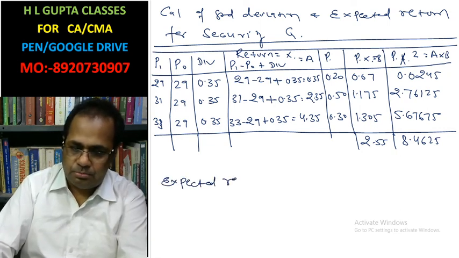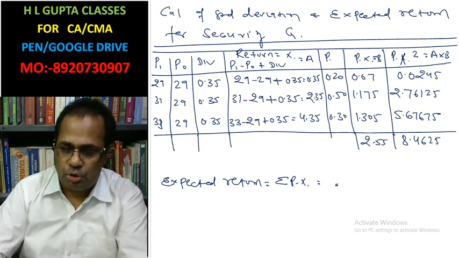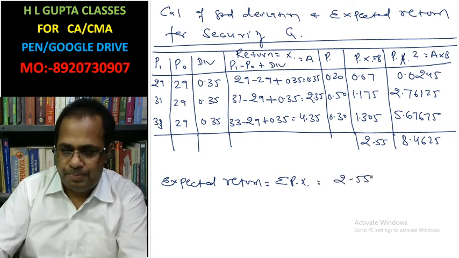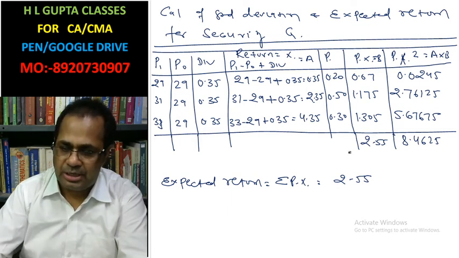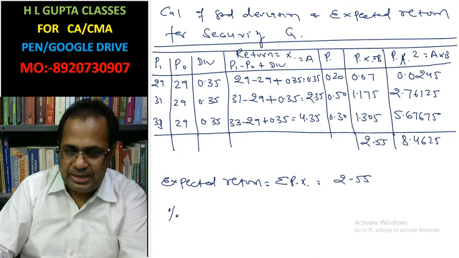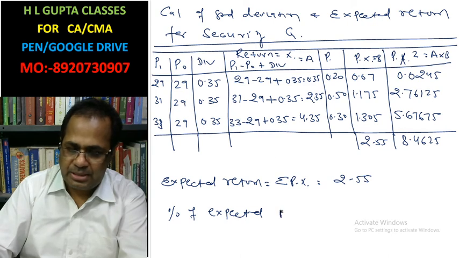Now you can calculate expected return. Expected return equals summation PI XI. This is your 2.55. This is already calculated. Percentage of expected return.